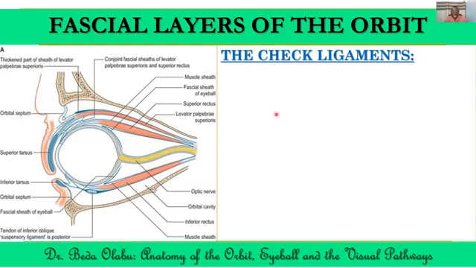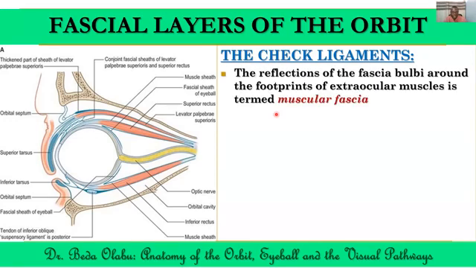However, before talking about the check ligament, there's something that is important to understand. I've mentioned to you that extraocular muscles pierce the Tenon's capsule to attach to the sclera. As the muscles pierce the Tenon's capsule to attach the sclera, the fascia, the capsule, sends some extension into the muscle.